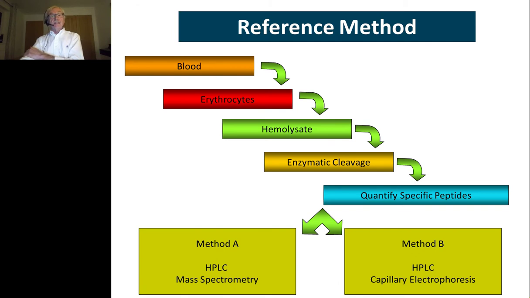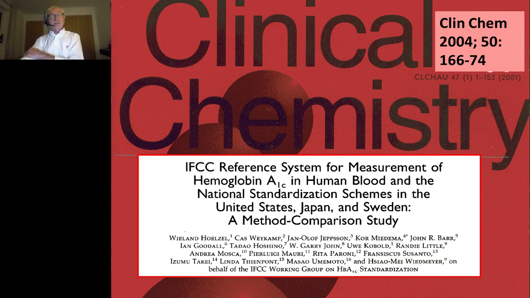The reference method is HPLC mass spectrometry or HPLC capillary electrophoresis. Both methods give identical results and are highly accurate for measuring hemoglobin A1c. And following acceptance by all countries within the IFCC, it is now recognized as the reference procedure for standardizing hemoglobin A1c worldwide.